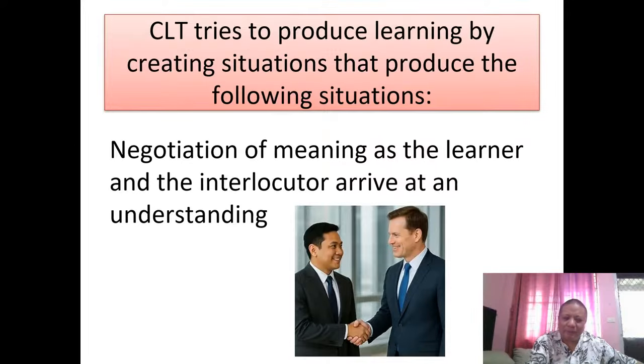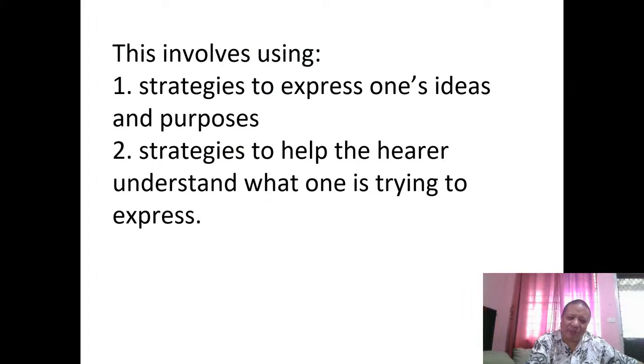That's what we call negotiation of meaning. So, negotiation of meaning involves strategies to express one's ideas and purposes, and also strategies to help the hearer understand what one is trying to say.